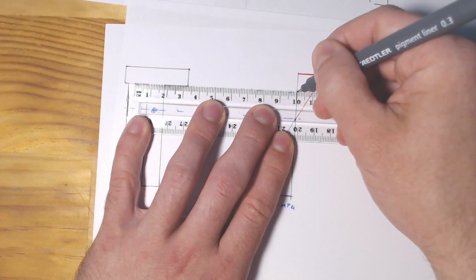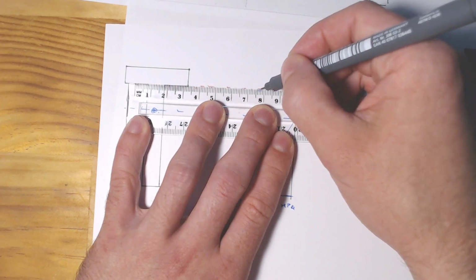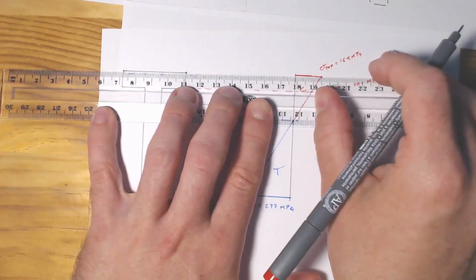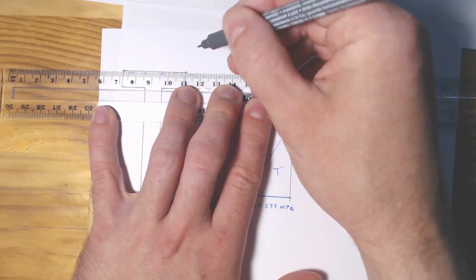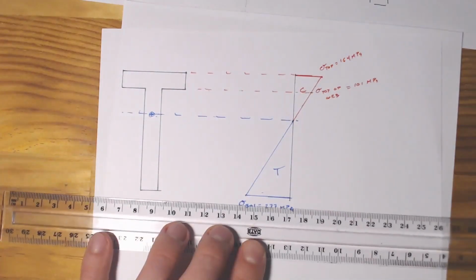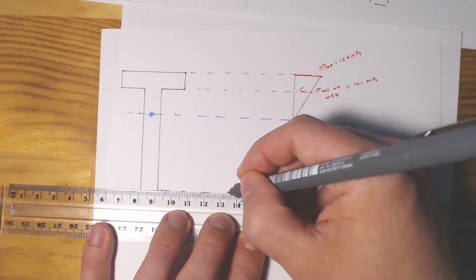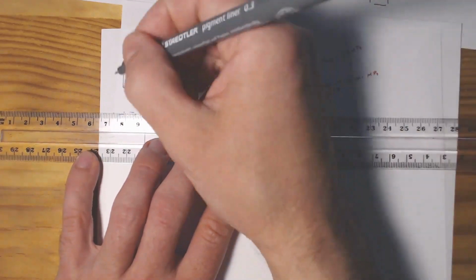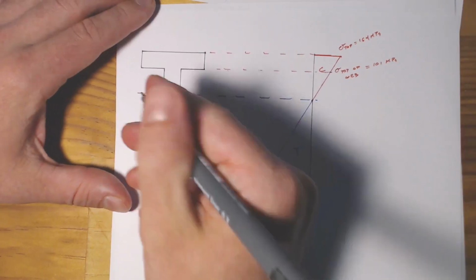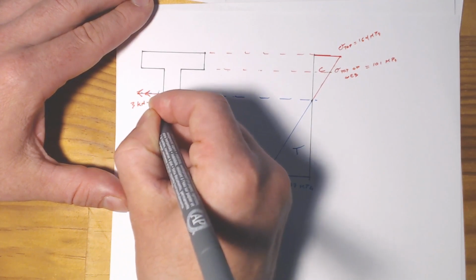So we'll just draw that across. And in fact, we'll just go ahead and transfer all of these lines over, and we'll even draw in what our applied moment was. Three kilonewton meters.